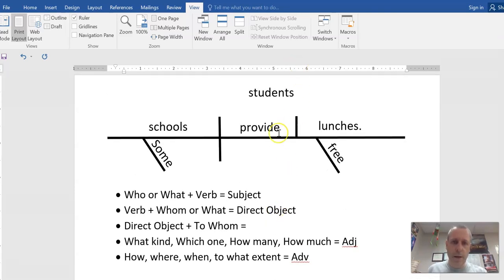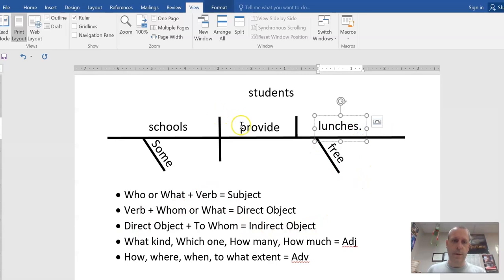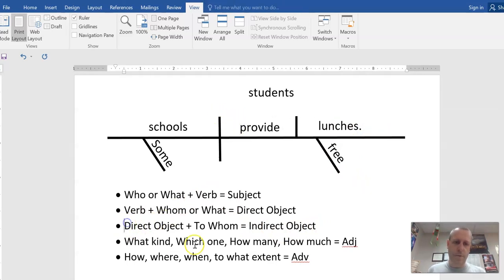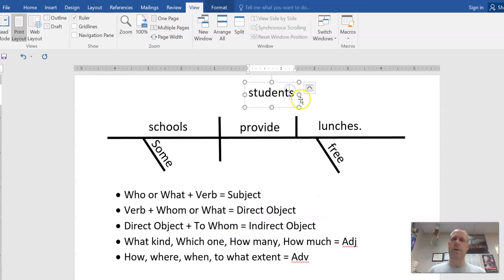And then my answer is my indirect object. So let's take that, lunches. And you can include the verb if you want: provide lunches. Provide lunches to whom? Oh, they provide lunches to the students? That sure sounds like an answer to that question.